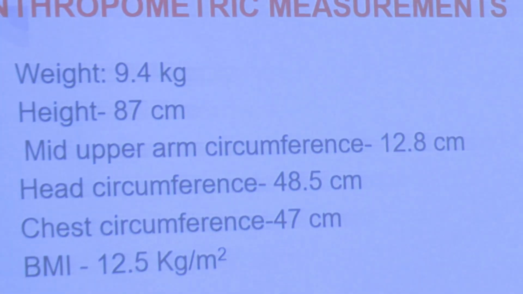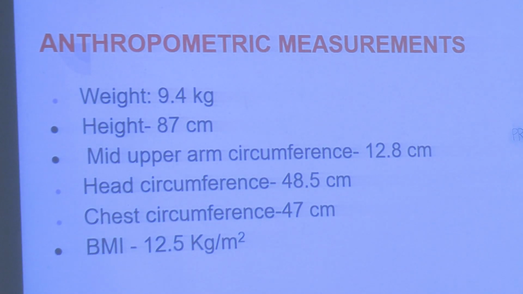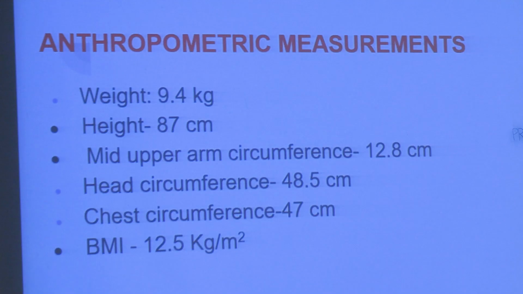Okay, severely malnourished. So here you can see the mid-upper arm circumference has been measured. Then there is the head circumference and the chest circumference. Why am I measuring the head circumference and the chest circumference? Any idea? We are measuring it because during the birth, the head circumference of the child is more than the chest circumference.